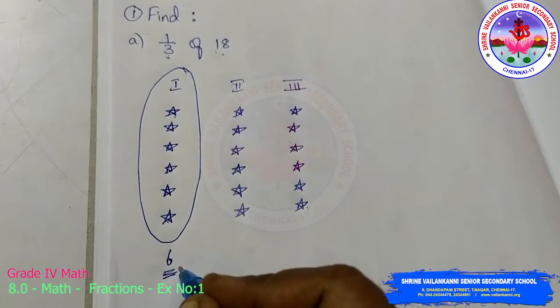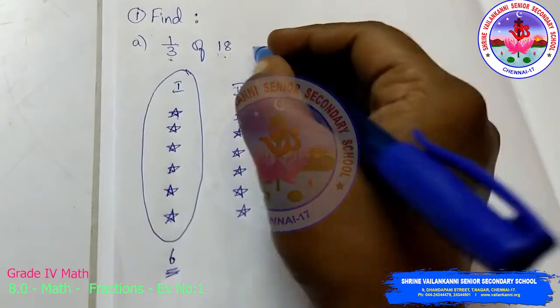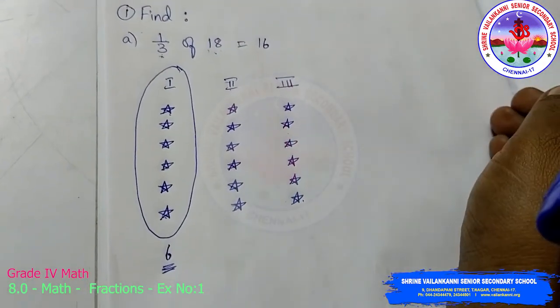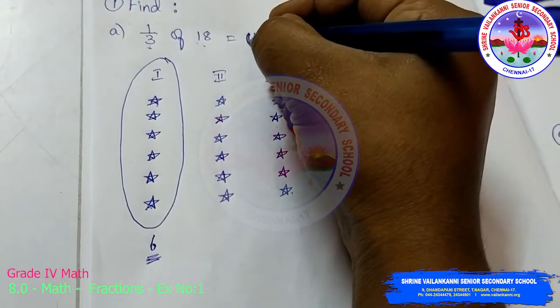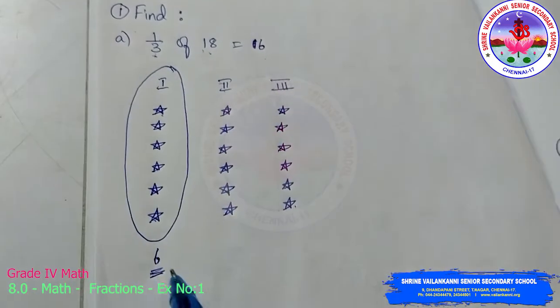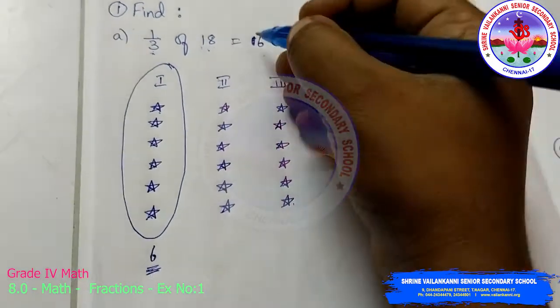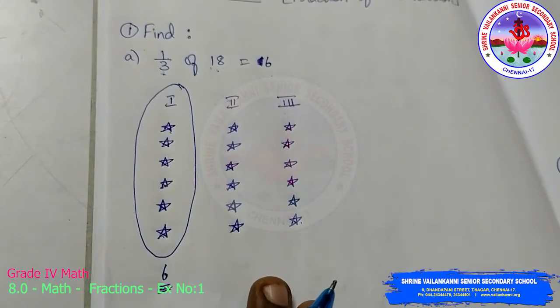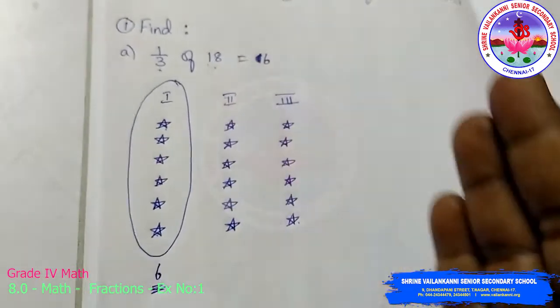That is, 1/3 of 18 is 6. Sorry, I said 16 by mistake; 1/3 of 18 is 6, which we found here, no? This is one method of finding out 1/3 of 18.